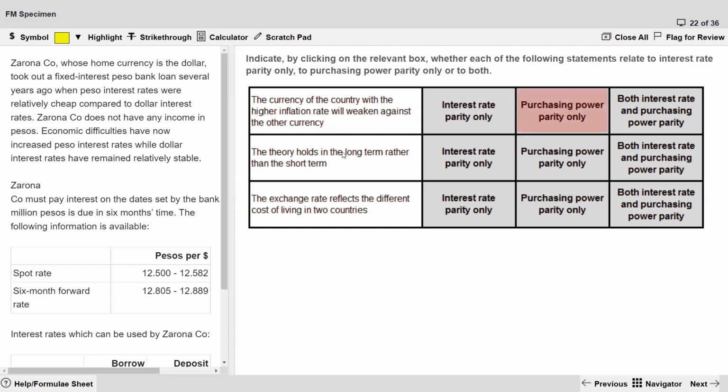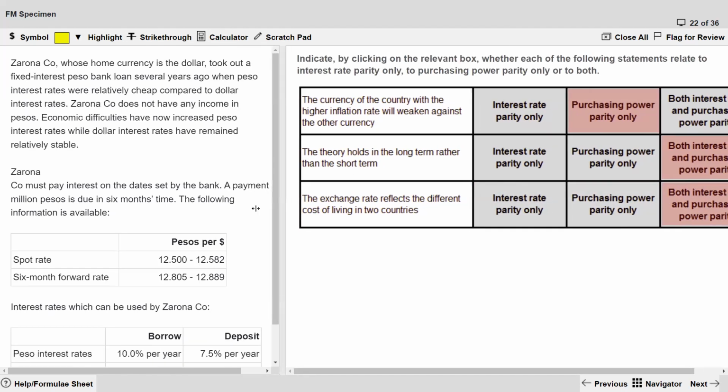The theory holds in the long term rather than in the short term. This is a hot word. The exchange rate reflects the different costs of living in two countries. That's basically both the interest rate parity and the purchasing power parity.